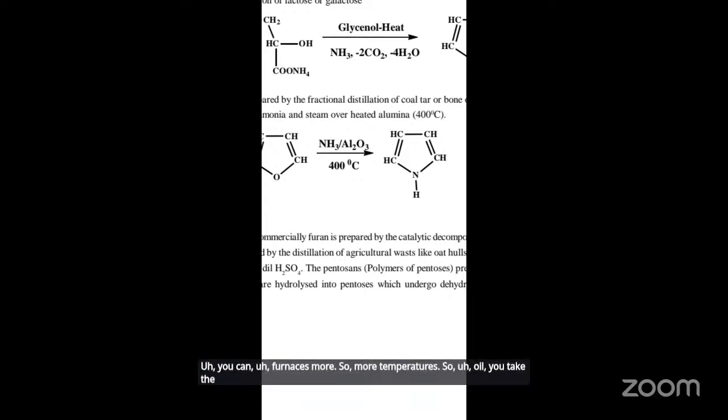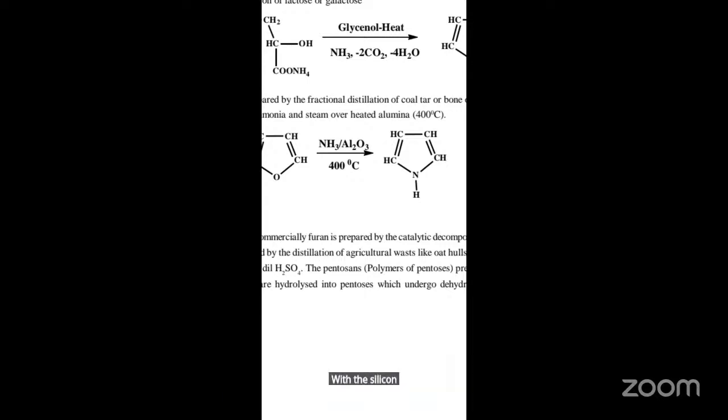So 400 degrees Celsius. Generally, to apply higher temperatures, you need to use silicone oil or furnaces. With silicone oil in an oil bath, you can reach temperatures over 300, 400. Up to 100, you can use a water bath.